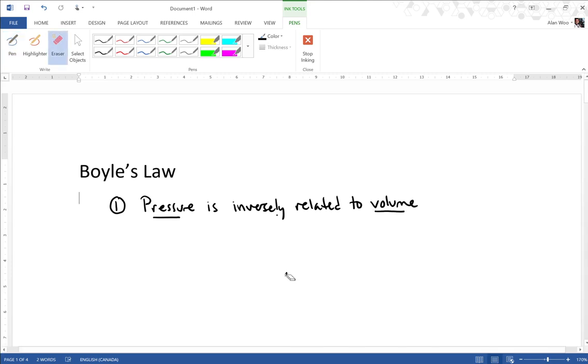So what this means is, if pressure increases, the volume has to do the opposite.